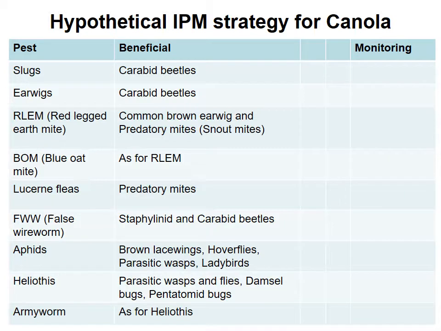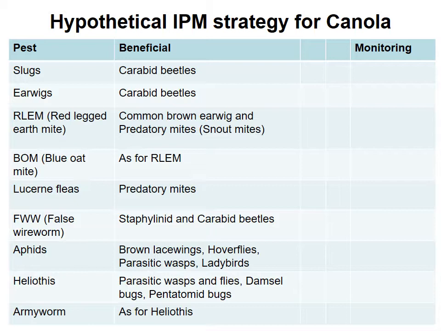The second part of this IPM strategy for canola is to identify key beneficial species. That is, the biological controls that may prey on or parasitise each of the major pests. Once again, there's not much information about many of these beneficials in broadacre farming or experience in using them, but there's certainly enough information to identify likely beneficials.